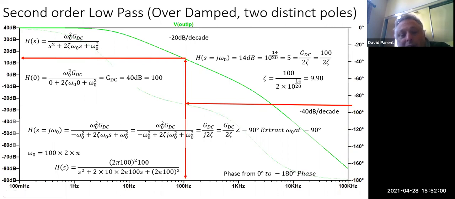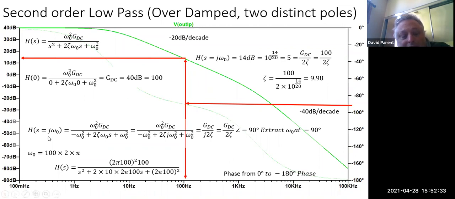So then what remains is zeta. And in this case, it's better to try to solve for H of s where s equals j omega, because things will cancel out, right? So what we want to do is find the magnitude when s equals j omega. If I look this up, it's about 14 dB, which equals 5, right?